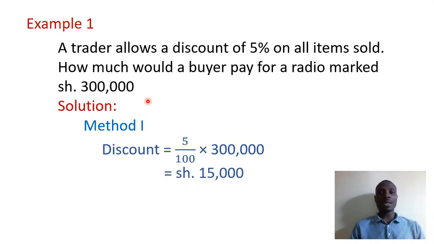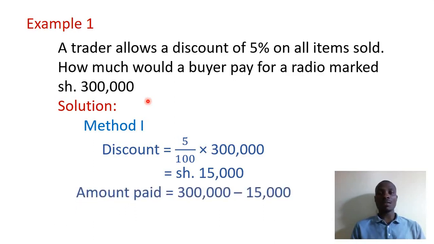Now, if you want to find how much the buyer pays for the radio, we are going to get the marked price and then subtract the discount, and we shall get what he will be paying. That will be the cost price. So we shall have 300,000 shillings minus 15,000 shillings, giving us 285,000 shillings.